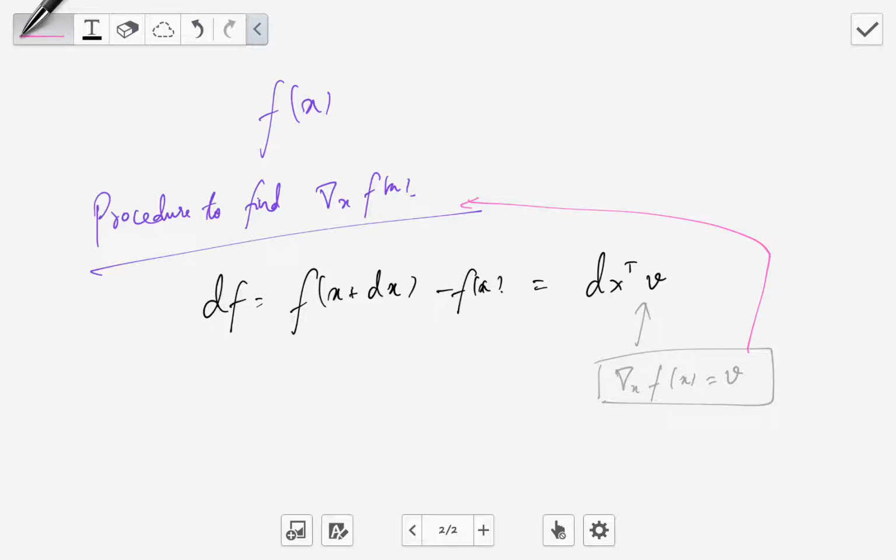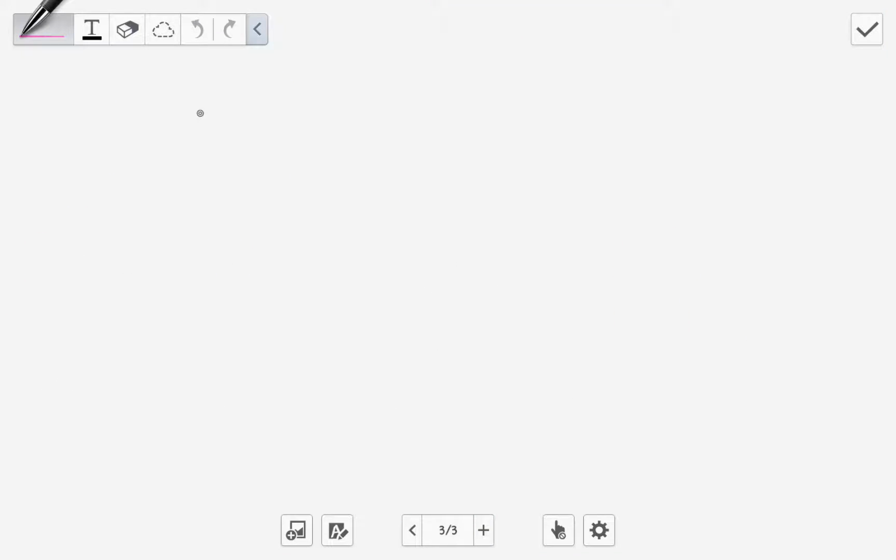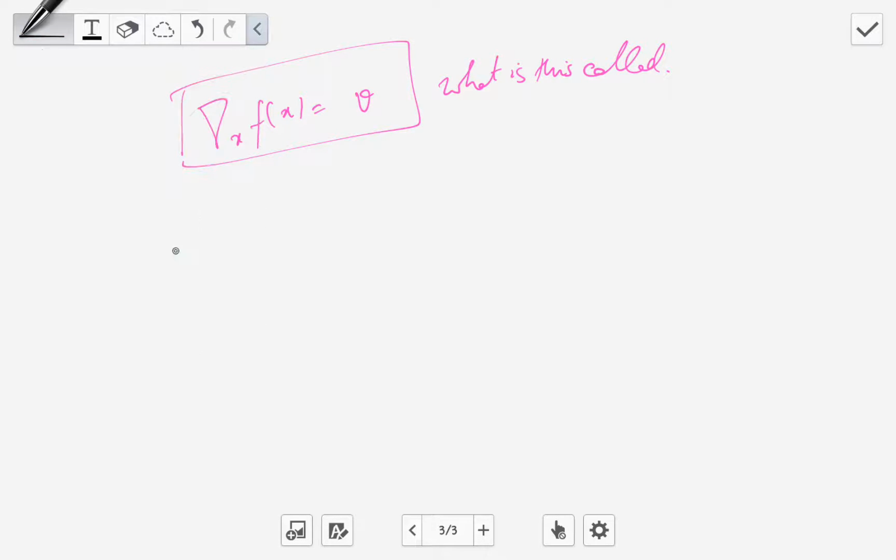Fine. Now let us try to understand what this thing is called. Let us see this definition.